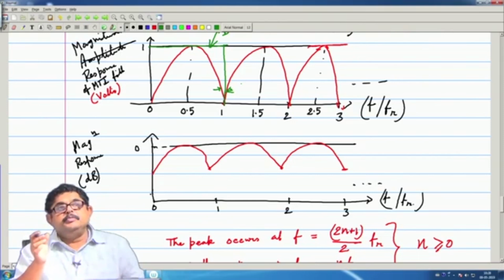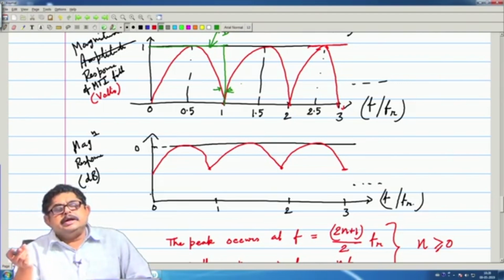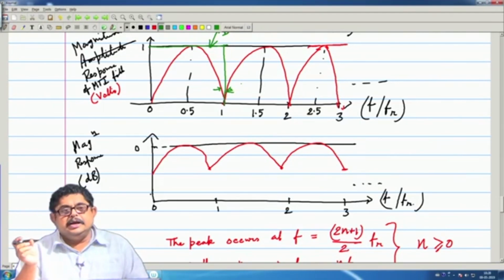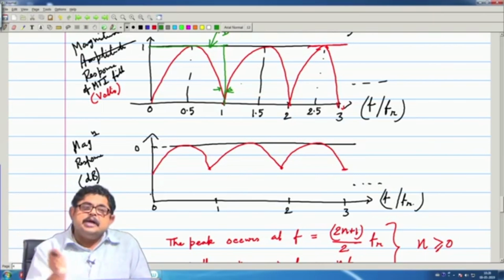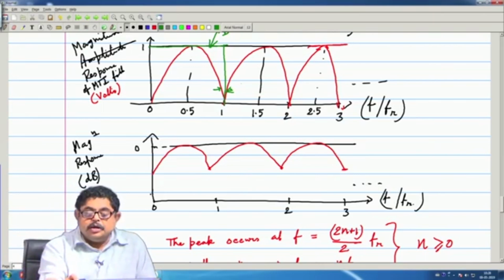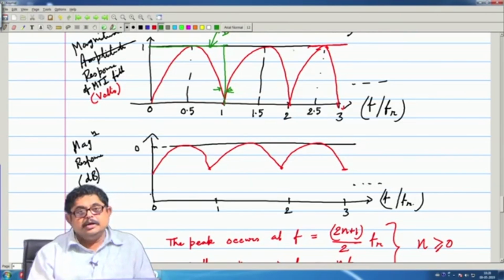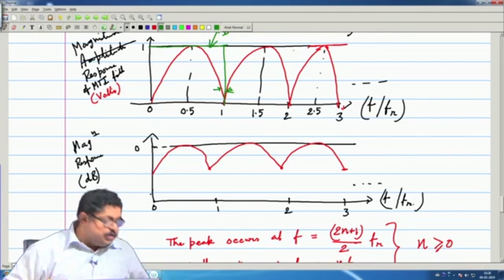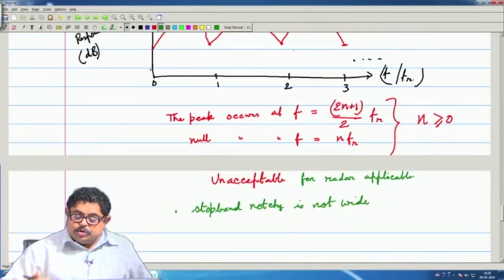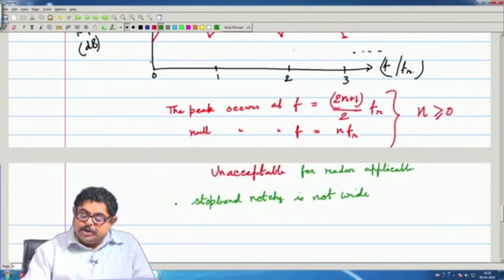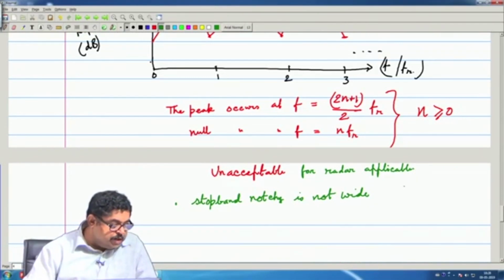In practical radars the clutter spectrum spread, the delta f, is 5-6 Hz. Now, if you do not have this 5-6 Hz notch width, then some of the clutter will leak through. So, the stop band notch is not wide.